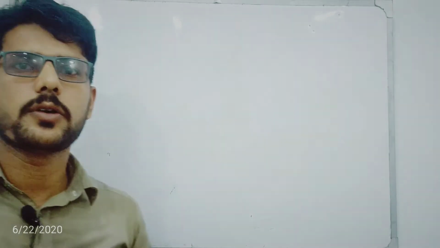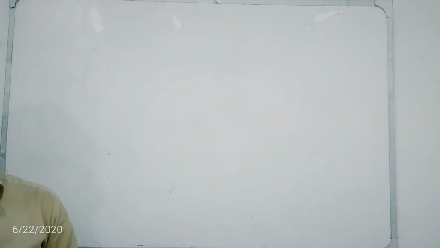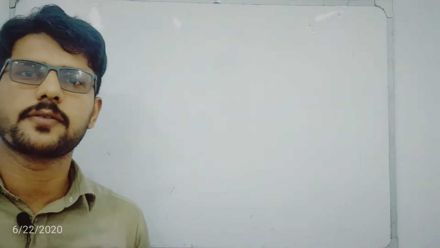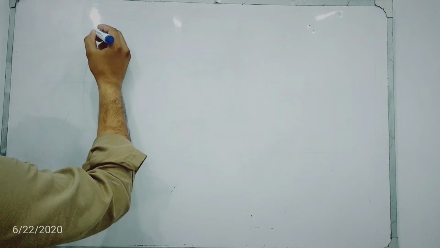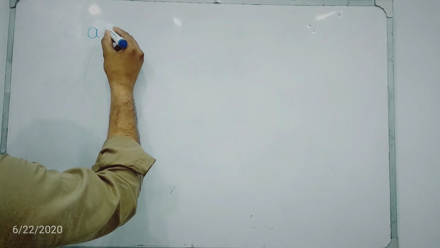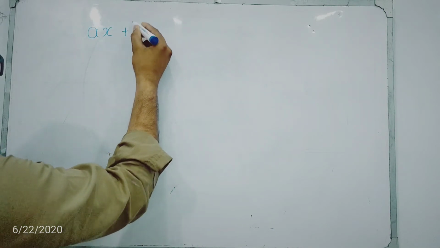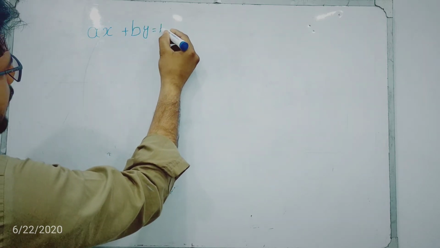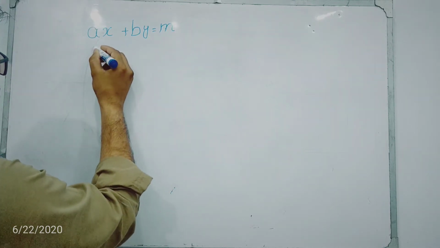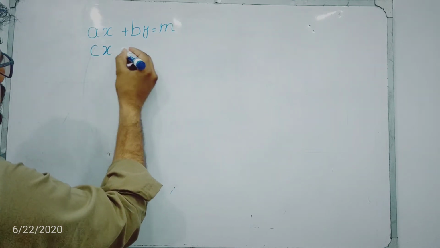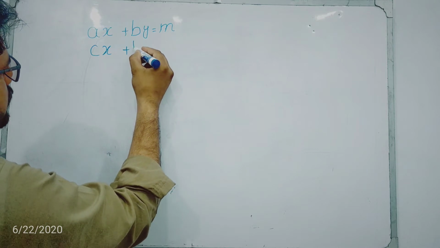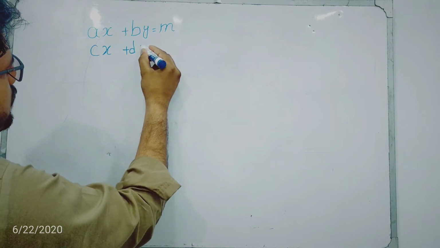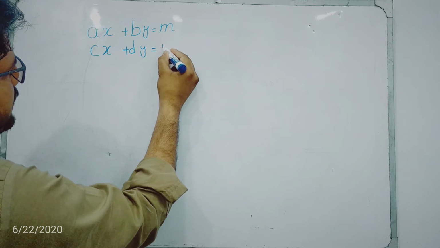First of all, we will discuss generally the inverse of matrix. So let we have ax plus by is equal to m, cx plus dy is equal to n.